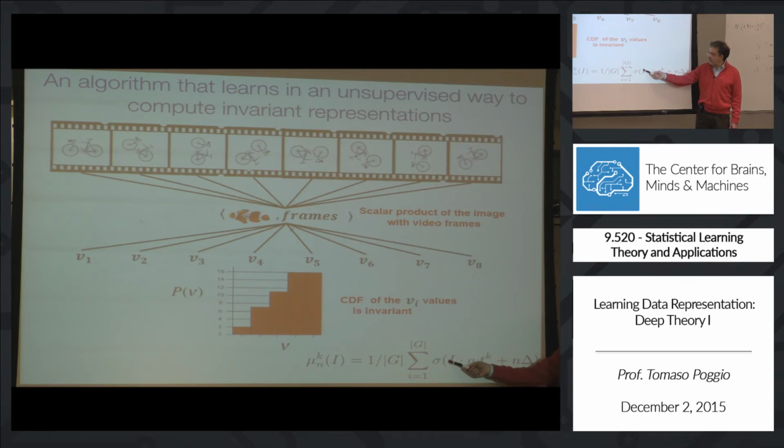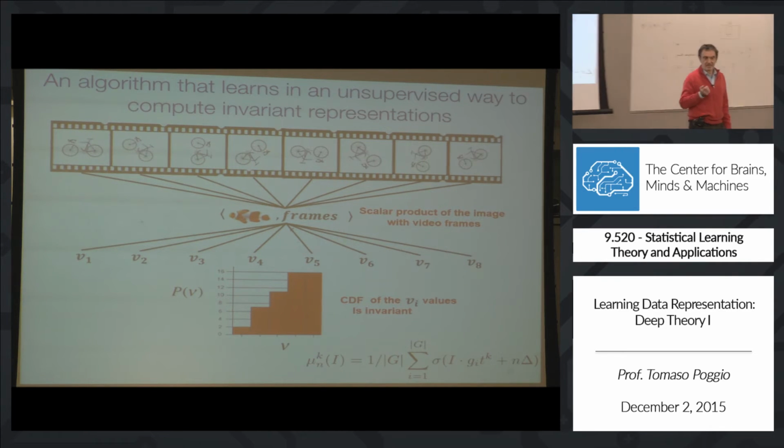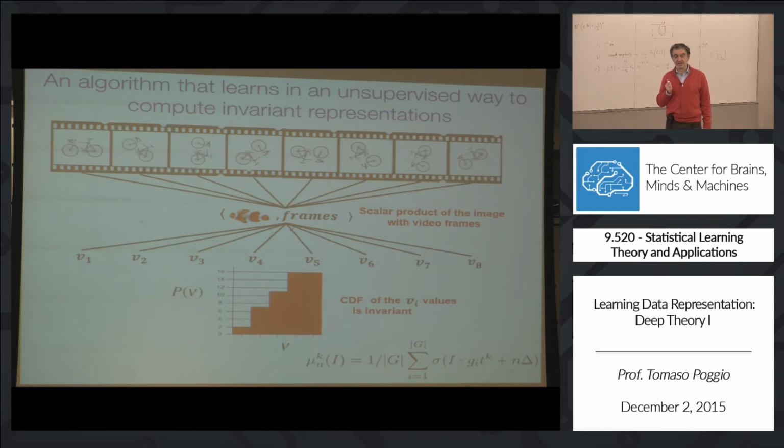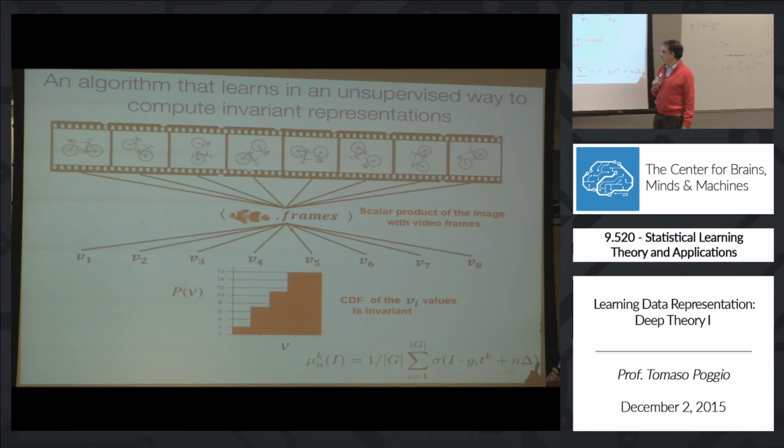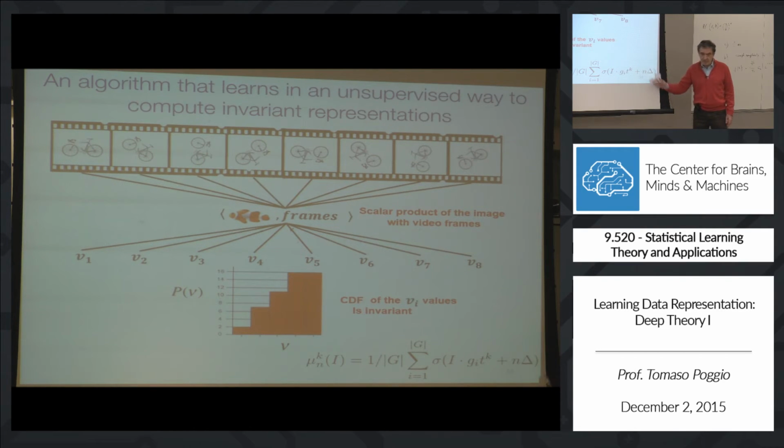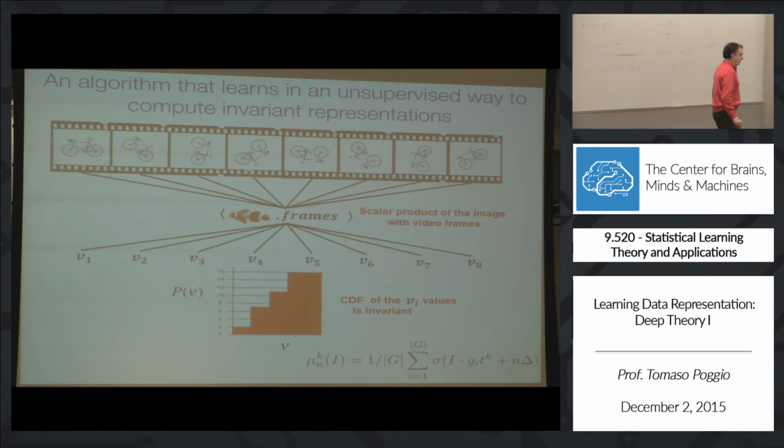And since I have all possible rotations of the images, this will be independent of how the initial image is, how much rotated it is or not, because I will consider all of them anyway. Okay, so you can prove, more in general, that this is invariant.